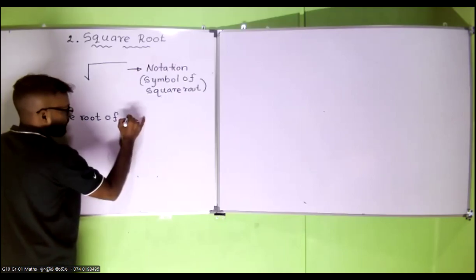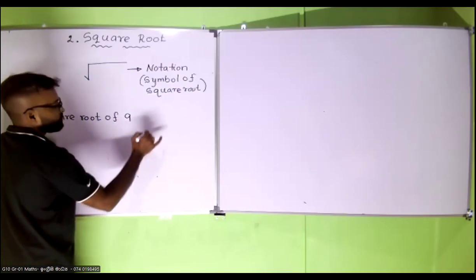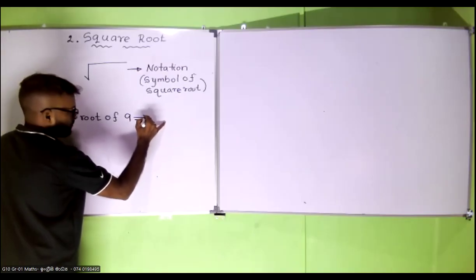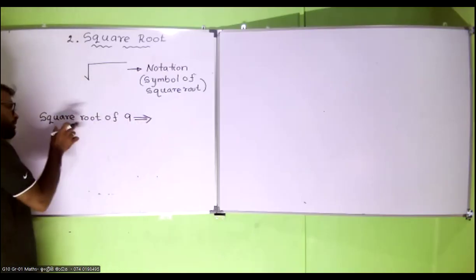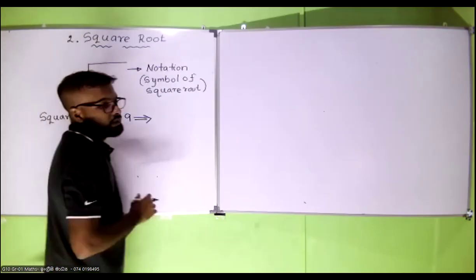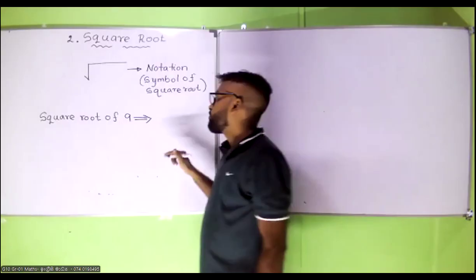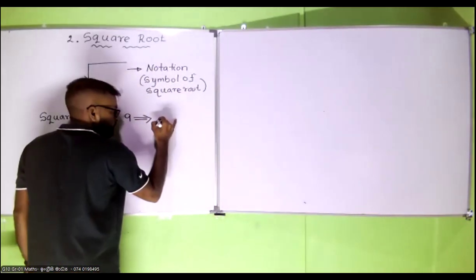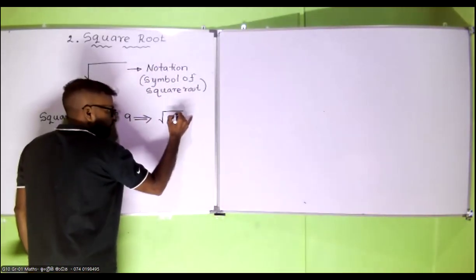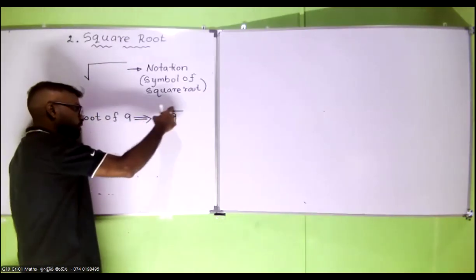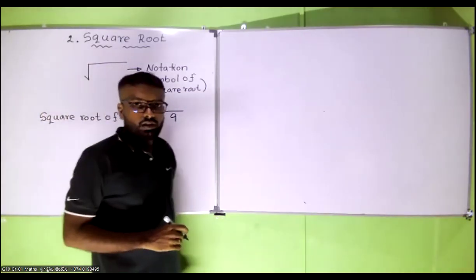This is how we are going to read it. Square root of 9, and this is how we are going to denote it. Square root of 9. Right?